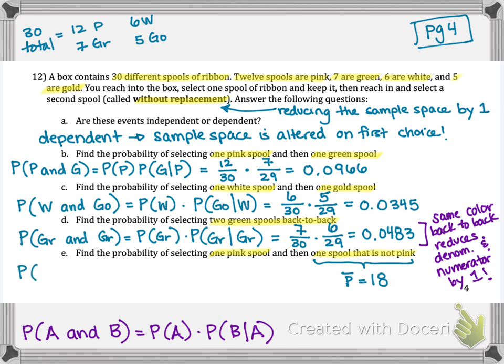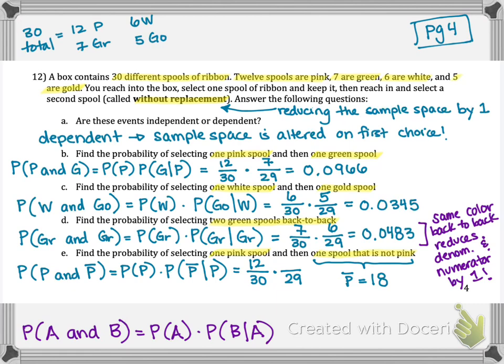So let's set this up. This would be pink and not pink. So we would first take the probability it's pink and multiply by the probability it's not pink, given it was pink to start. So let me do my denominators first, 30 and 29. There are 12 pink spools.